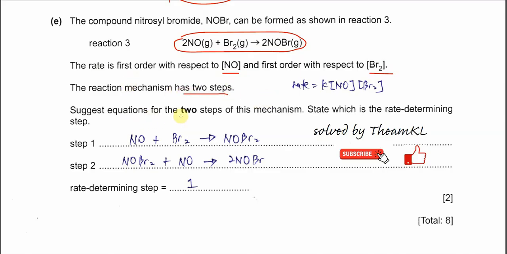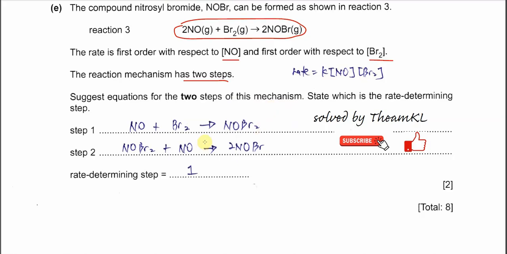So suggest equations for the 2 steps and state the rate determining step. First, the rate equation is equal to what? Rate equals k times the concentration of NO times the concentration of bromine.